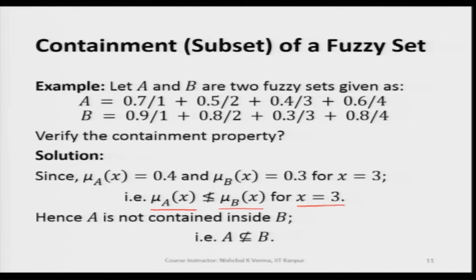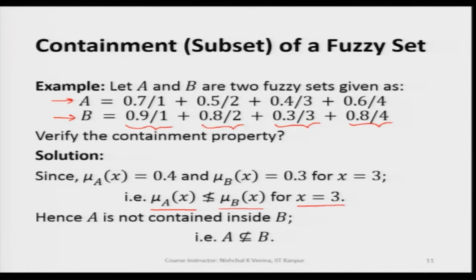So, if we look at B fuzzy set and A fuzzy set, and compare these elements, generic variable values remain the same, 1, 2, 3, 4, in both the fuzzy sets, but their corresponding membership values are different.